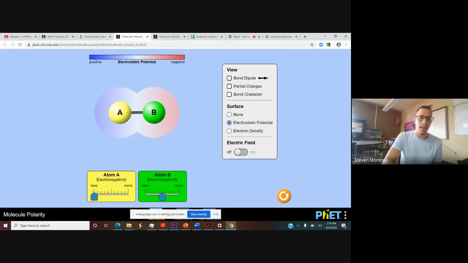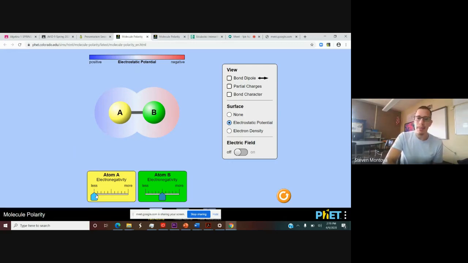Or 0% electronegativity. Or atom A has no electronegativity. Or atom A is at the extreme end of the less point, the less section on the electronegativity scale. Okay? It's up to you how you want to interpret this blue tab. Okay?